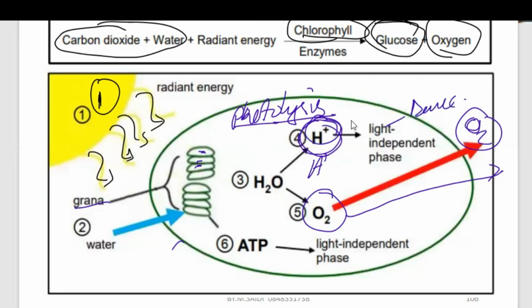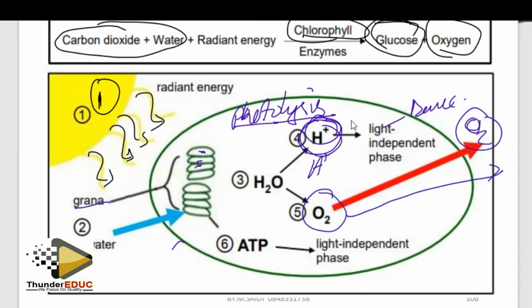But how does this hydrogen go to the dark phase? From the thylakoids, it goes to the dark phase. How does it go there?